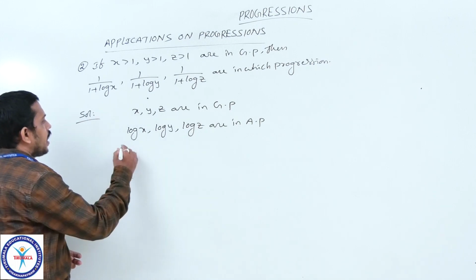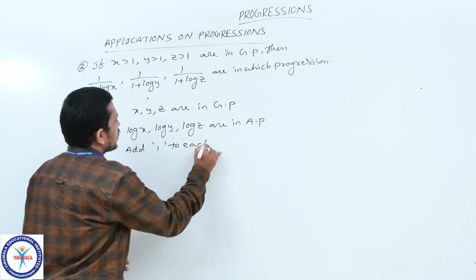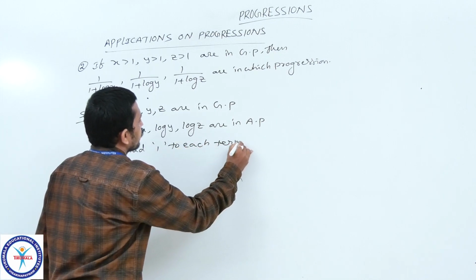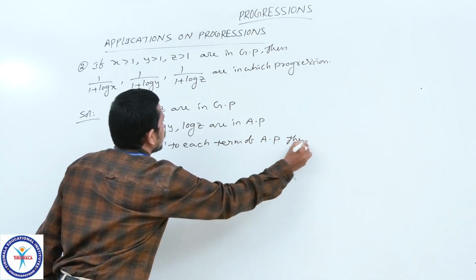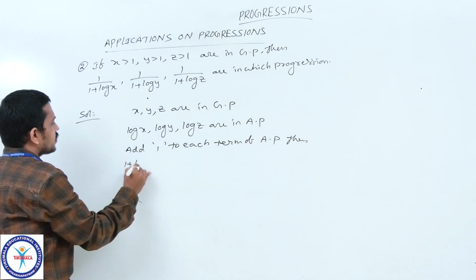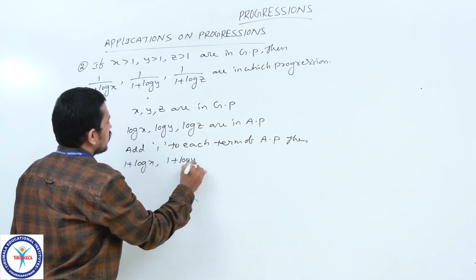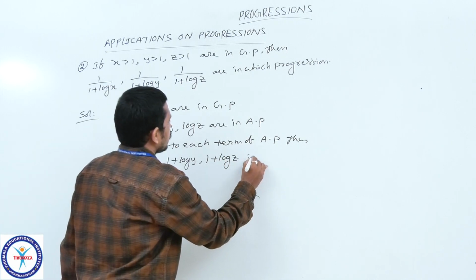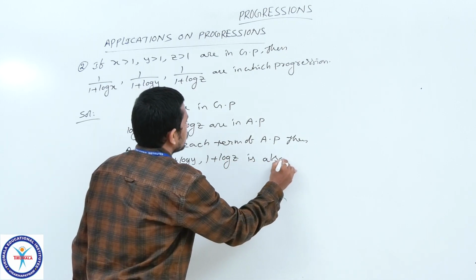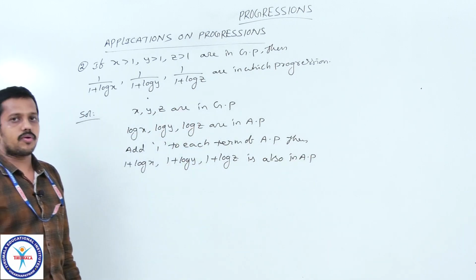So therefore, add 1 to each term of AP. Then the resulting sequence 1 plus log x, 1 plus log y, 1 plus log z is also in AP.